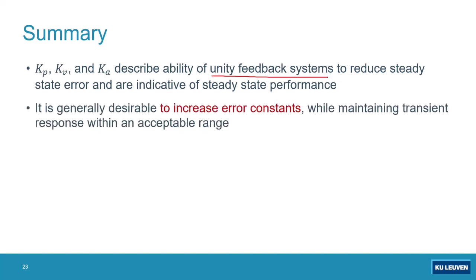It is generally desirable to increase the error constant, because the higher the error constant, either Kp, Kv, or Ka, if we have a finite steady state error, the steady state error will decrease. So it is desirable definitely to increase the error constant.